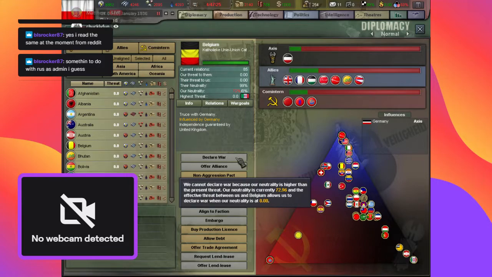Okay, so from my perspective it is. Yeah, because my cursor is over declare war, and below that it explains why I can't declare war. Basically, because the neutrality is too high.